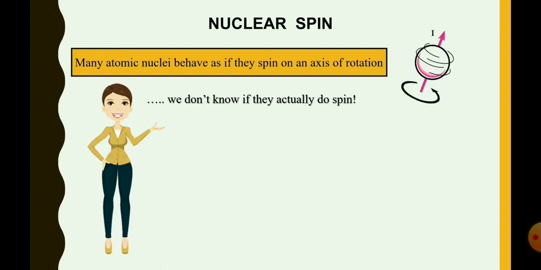Although we don't know whether the nucleus actually spins or not, this nuclear spin is just like the spin property of an electron, which can have two spins, plus half and minus half.